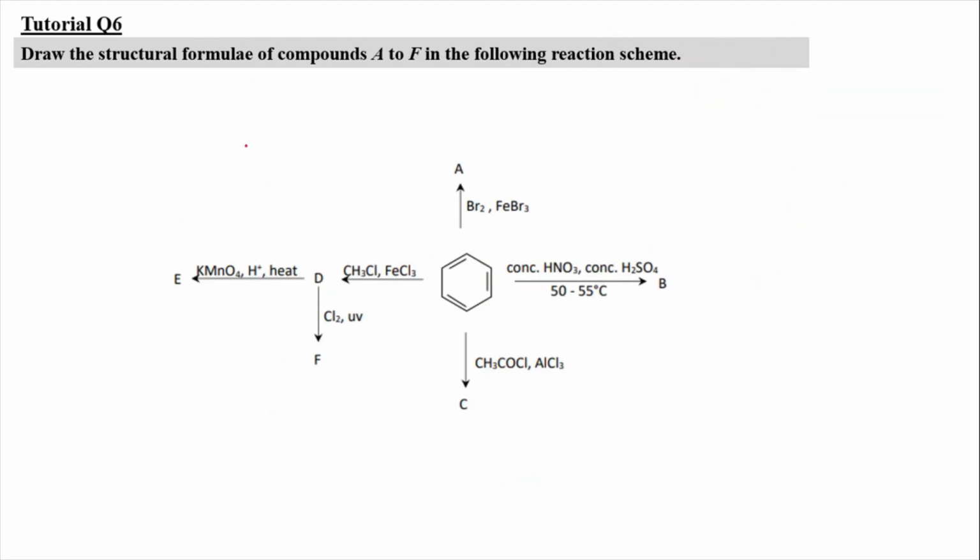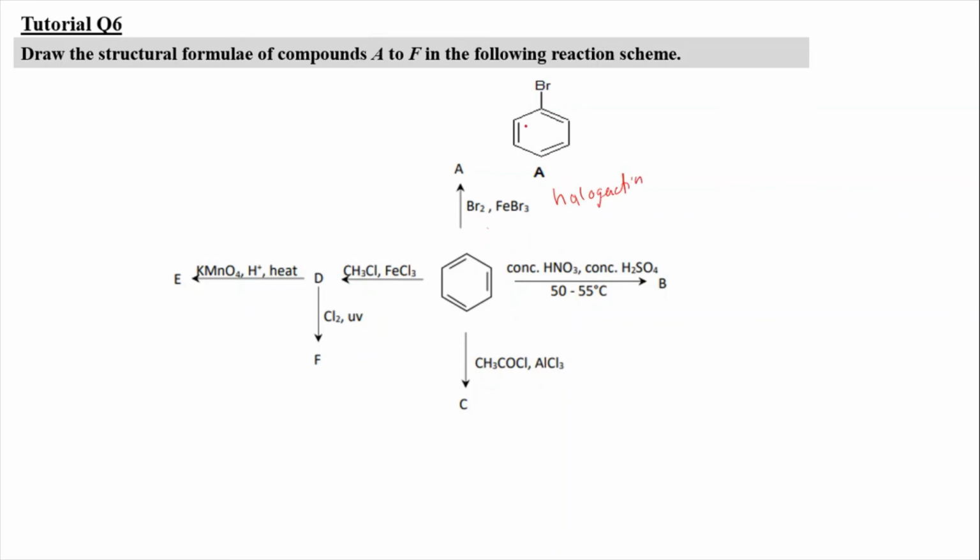Now for tutorial question 6, we have to draw the structural formula of compound A to F in the following reaction scheme. So benzene reacting with bromine and FeBr3, it will undergo the process of halogenation, where one of the hydrogen here is going to be replaced by Br. So this is known as halogenation.